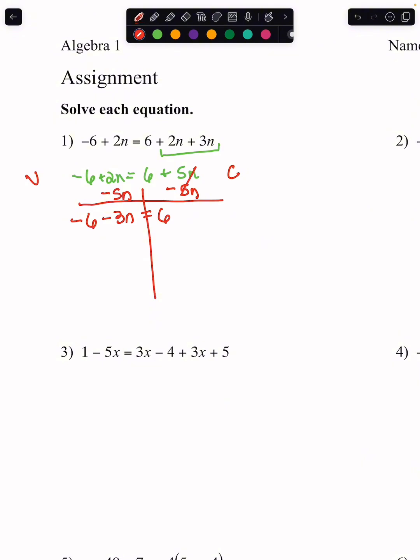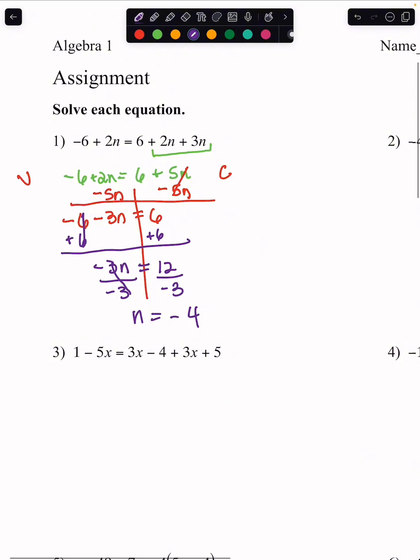On the left, I have to get rid of that constant, so I'm going to add 6 to both sides. Now I have negative 3n equals 6 plus 6, which is 12. To get n by itself, this is a one-step equation. I'm going to divide by negative 3, and n equals negative 4.